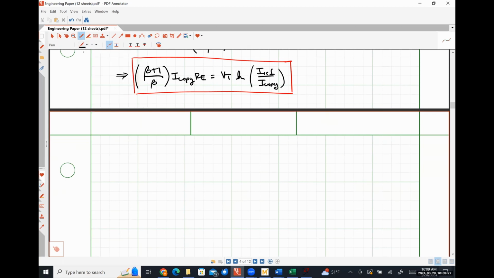So from a small signal perspective, our circuit is going to look something like this.